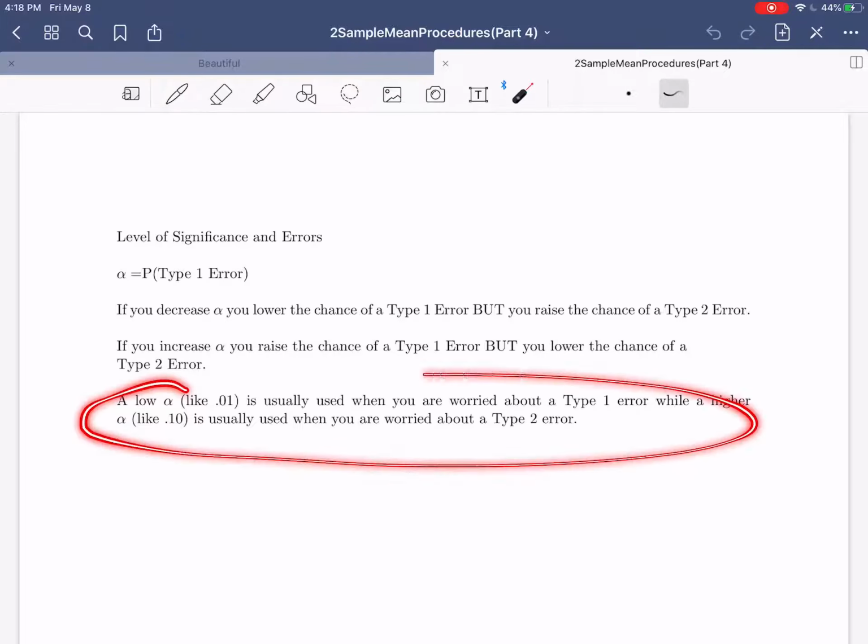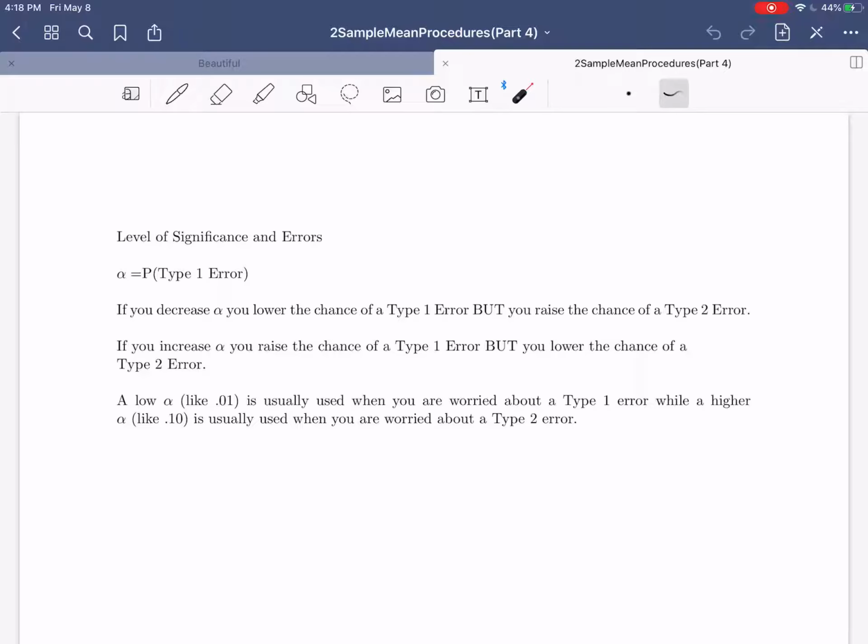As a little comment about this, most of the problems we've done so far have always used an alpha of 0.05, which is a very standard statistical convention for significance levels. But you should keep in mind that a low alpha, like 0.01, is usually used when you're very worried about making a type 1 error, right? Because a very low alpha, like we just said, will lower the chances of a type 1.